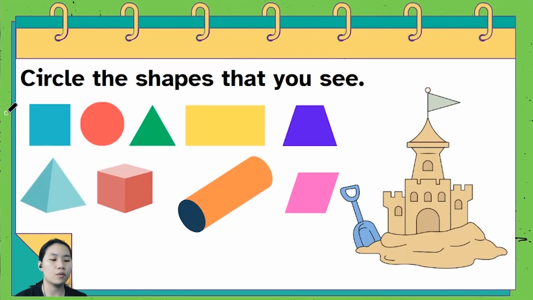Let's have a review one last time for all of the shapes that we've learned today. We have a square, a circle, a triangle, a rectangle, a trapezoid, a rhombus, a cylinder, a 3D square, and a triangle.